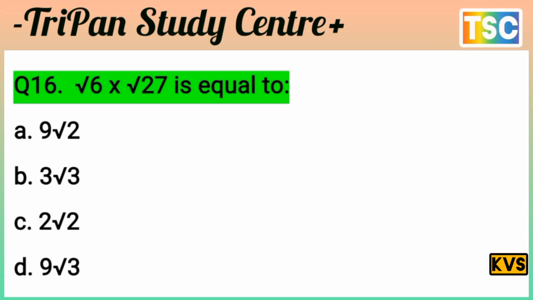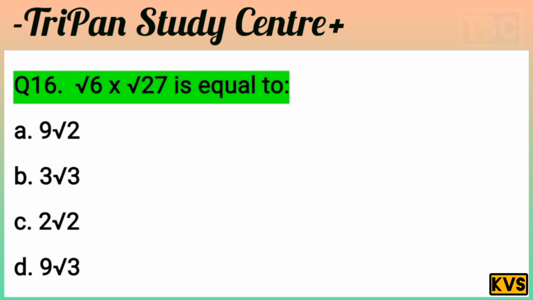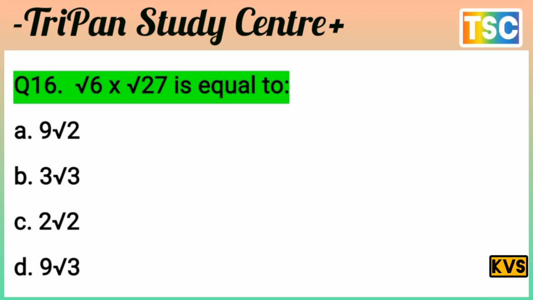The remainder under root is 2. So option A is correct: 9 under root 2 is the correct answer to this question. That's important, and the knowledge is great.